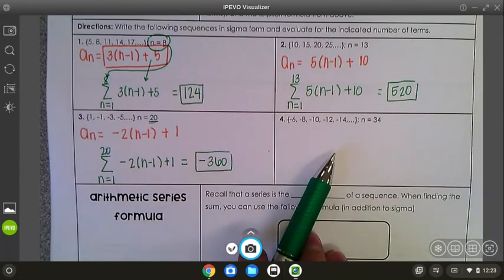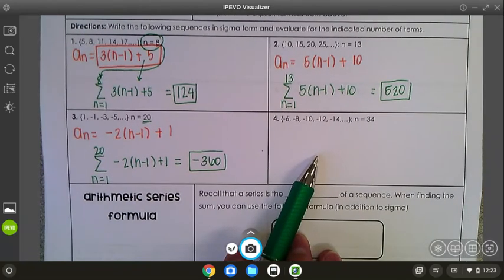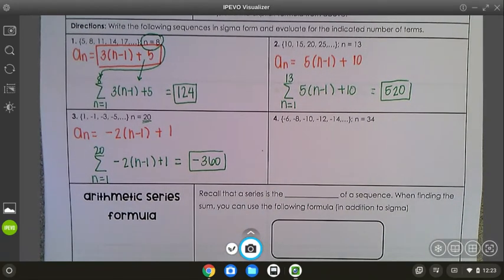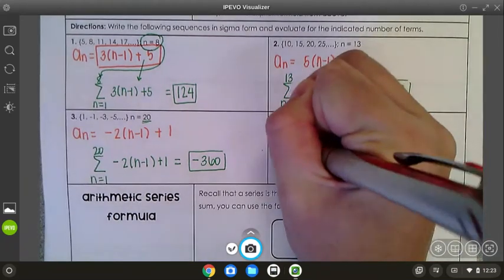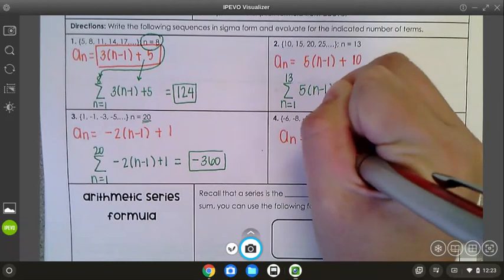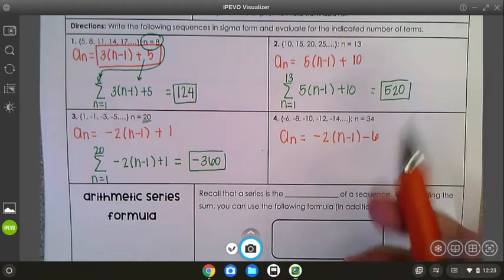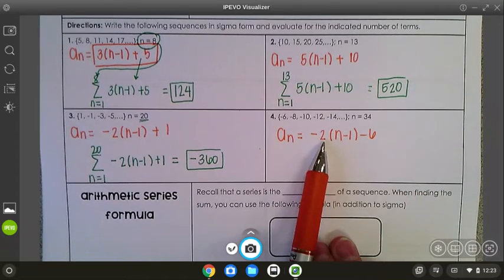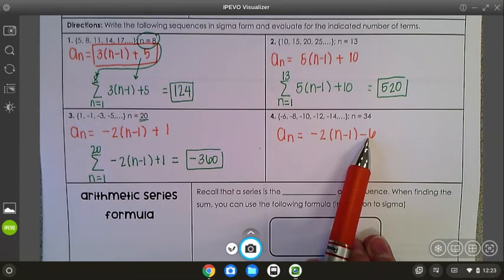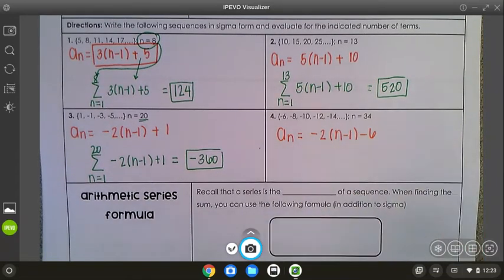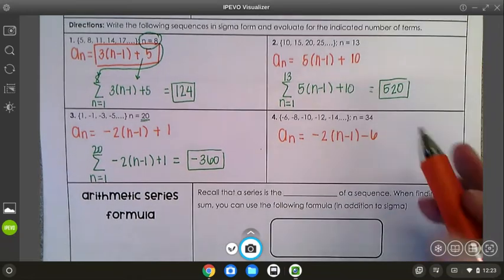I want you to pause the video and try number 4 on your own. So your formula should be this. You had -2 for your difference, and you could have also done plus -6.